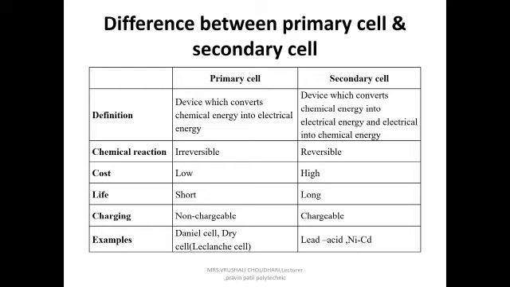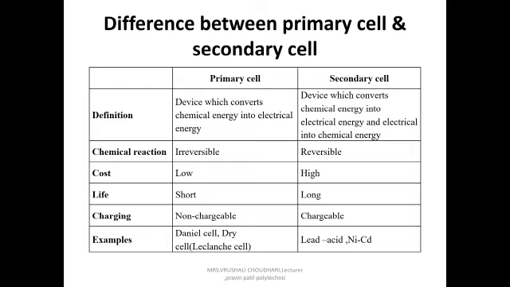What happens in a chemical reaction in these cells? The chemical reaction in a primary cell is irreversible. What is the meaning of irreversible? Whatever changes take place in that reaction, we cannot reverse. That is called irreversible. But in a secondary cell, the chemical reaction is reversible.